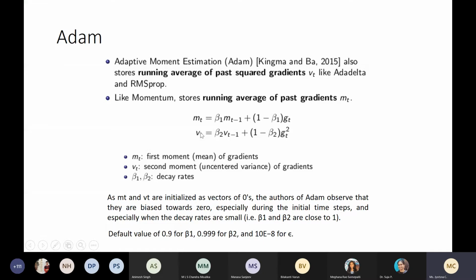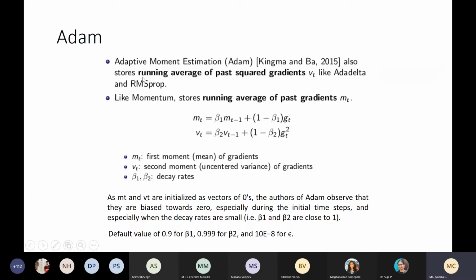VT is equal to beta 2 into VT minus 1, the previous VT, plus 1 minus beta 2 into GT square. This is like RMSprop. So you see that Adam looks at RMSprop and gets the running average of the past squared gradients VT.